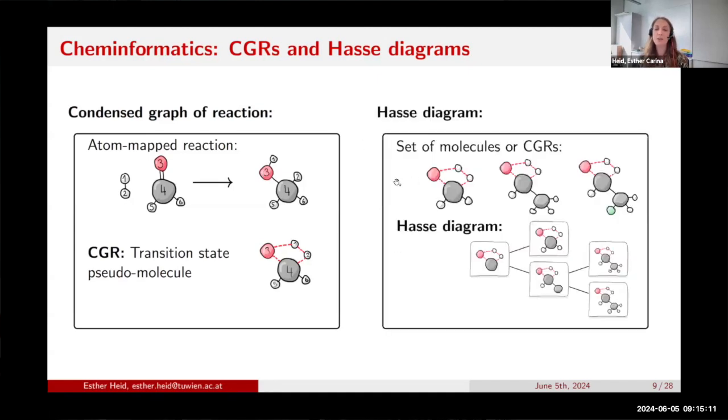And the second concept that we will need is a Hasse diagram. So that is something from mathematics that is used to order objects. And since that object can be anything, we can also use it to order molecules or condensed graph of reactions, because these are nothing else than pseudomolecules. So if I ran this reaction and it worked, for example, for those 3 different types of reactions, I could compute a Hasse diagram.